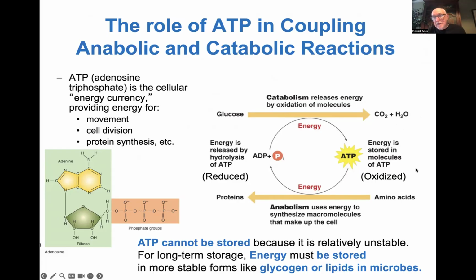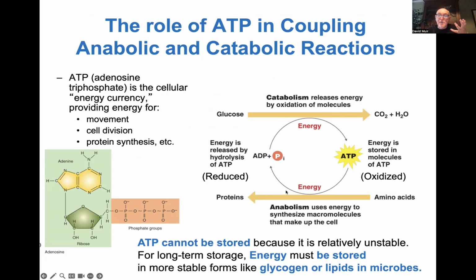That energy stored in ATP can be used to take an oxidized compound, like the amino acids. We're going to take simple components, the amino acids. They are already oxidized. And we are going to reduce them. We're going to reduce them by taking the energy, the electrons contained in this ATP and all of the energy.